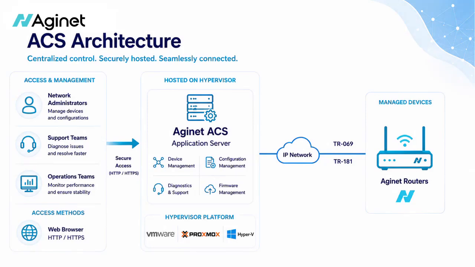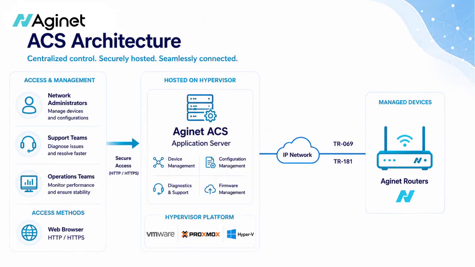You can have up to, I think, 20,000 devices on the Aginet ACS. There are a few different licenses, but as you install it, you'll have 1,000 devices that you can manage. Once you start increasing your numbers, you just apply for an upgrade license from us, which is also free of charge.